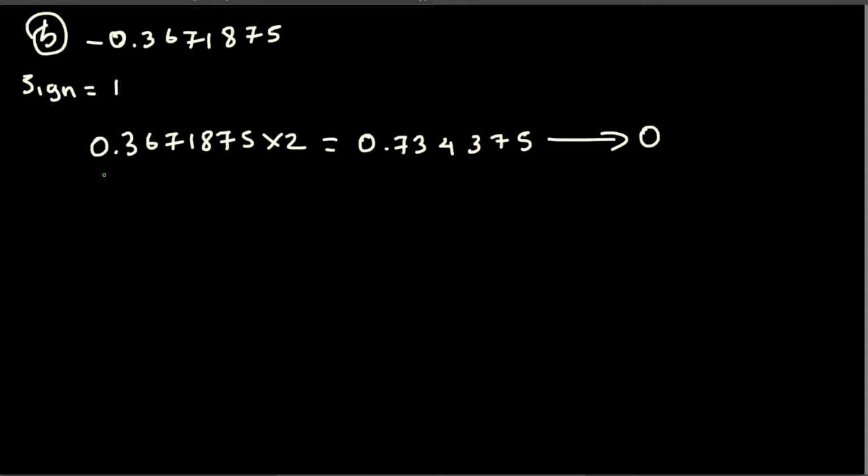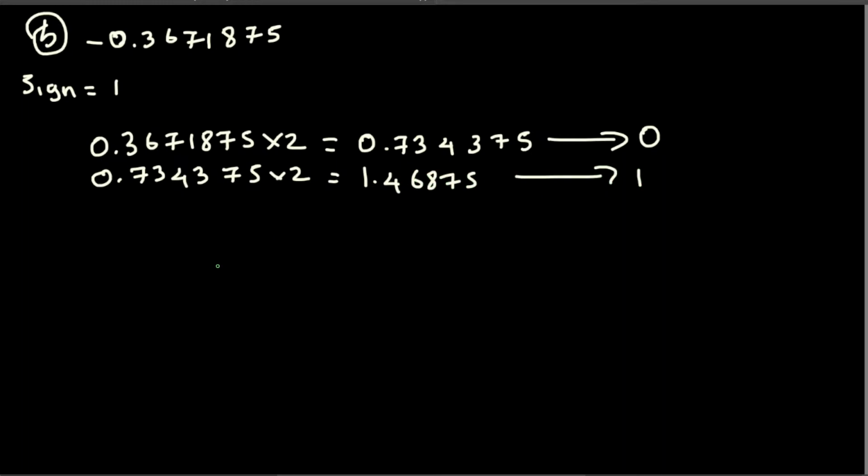Then 0.734375 multiplied by 2 gives 1.46875, with 1 in front. Then 0.46875 multiplied by 2 gives 0.9375, with 0 in front.